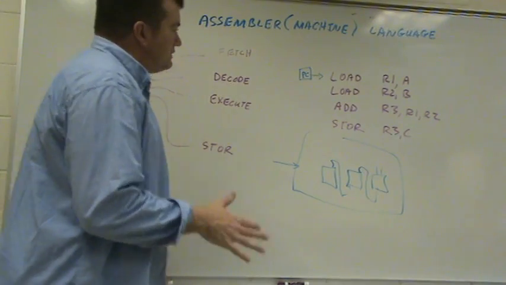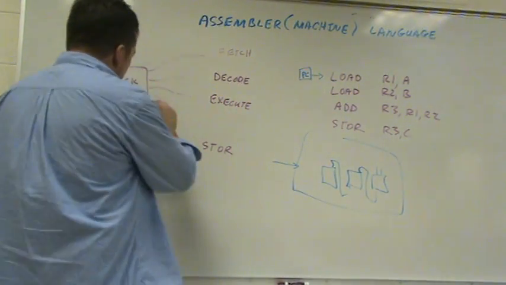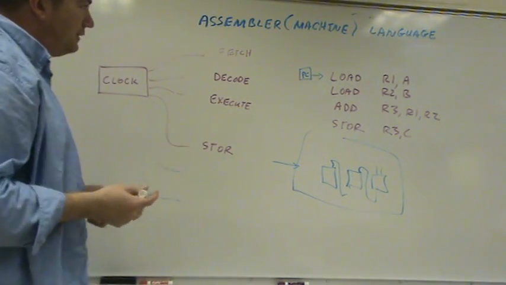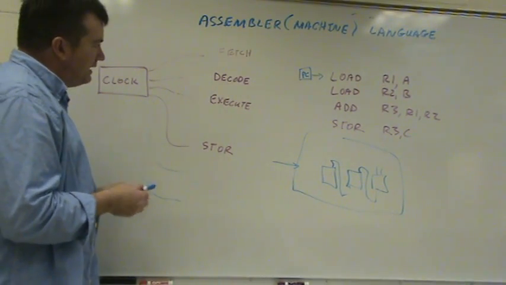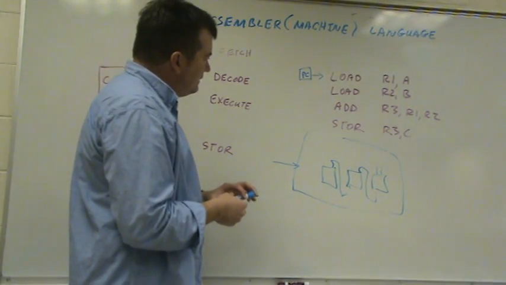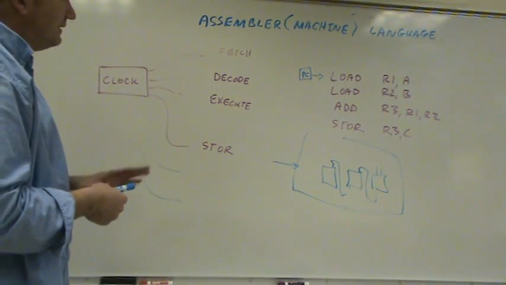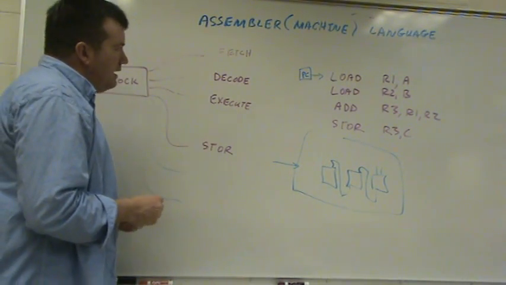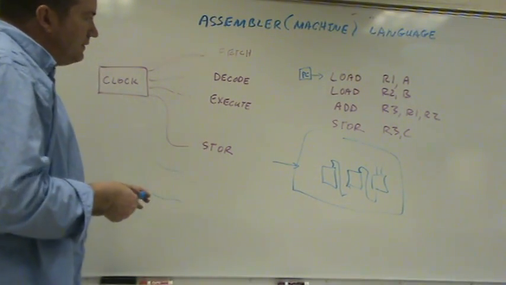Now, obviously we could make more steps, and we could make our clock have more wires coming out of it. If we wanted to make 6 steps for the instruction, we could do that. But I'm just trying to keep it simple right now. I don't think I've ever seen an architecture that had 3 steps. So they have at least these 4 steps, and then maybe even more if you wanted to make the instructions more robust, so they can do more stuff.